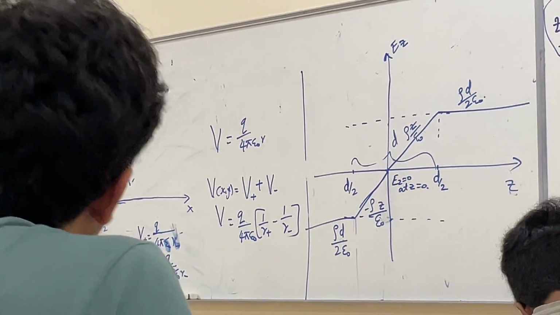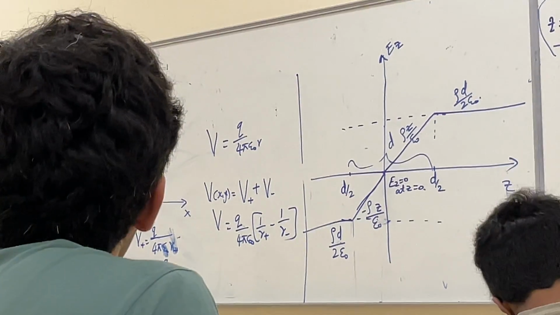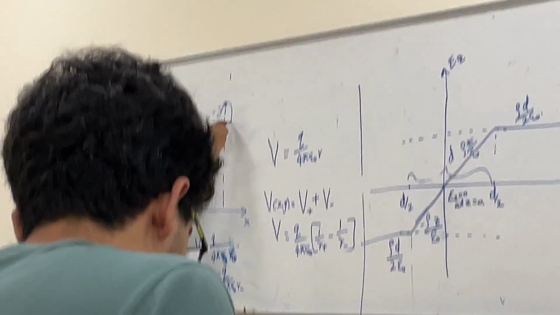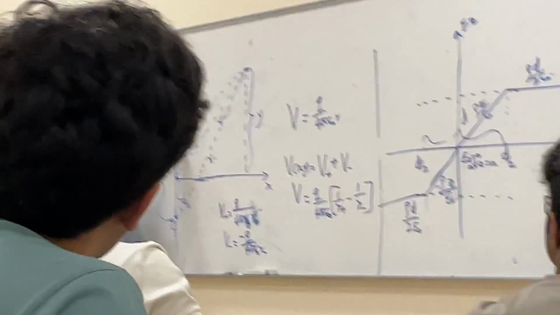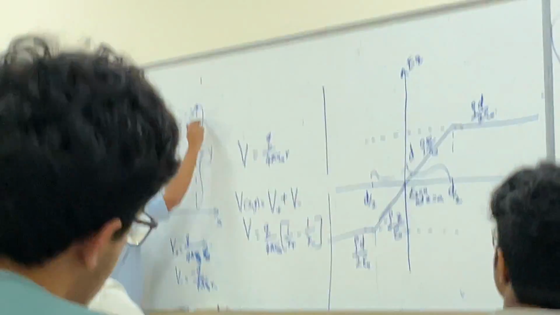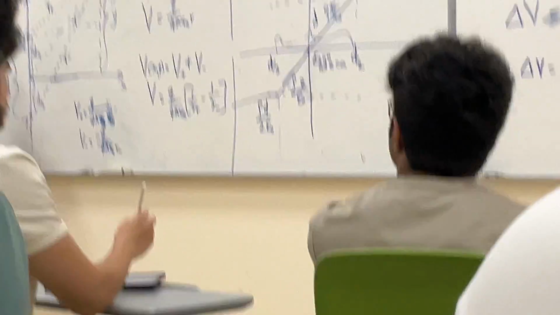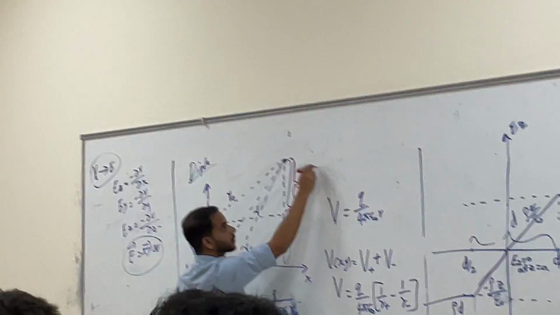So how do you find R plus and R minus? What is this distance? Let's say this point is on the y-axis at a distance y. What is this distance? From here to here, it is y minus d over 2.